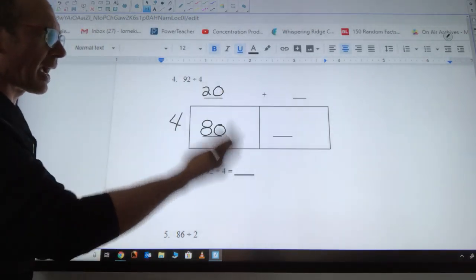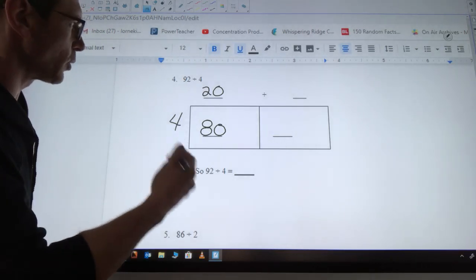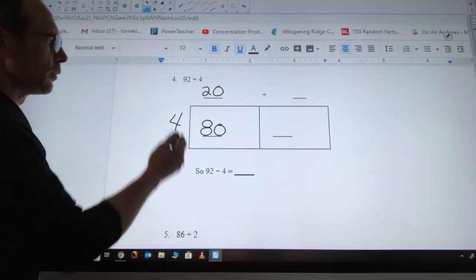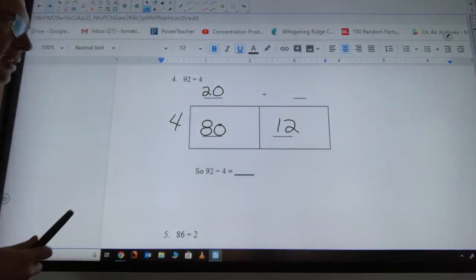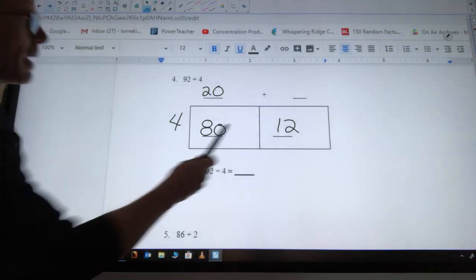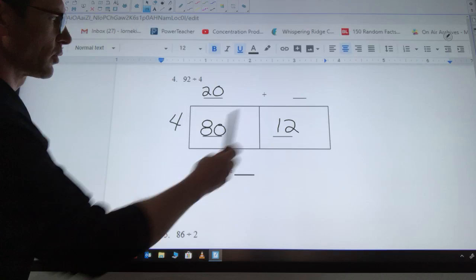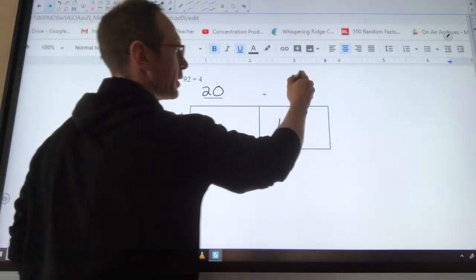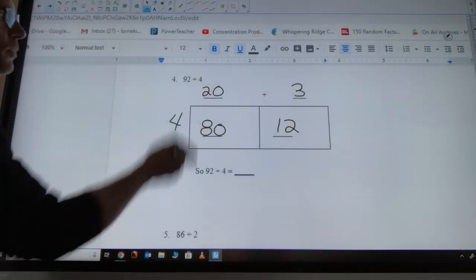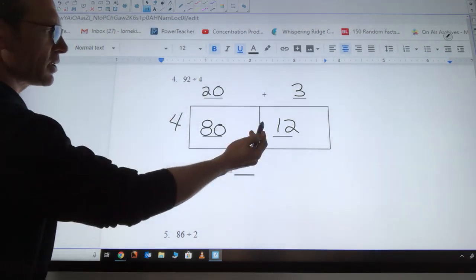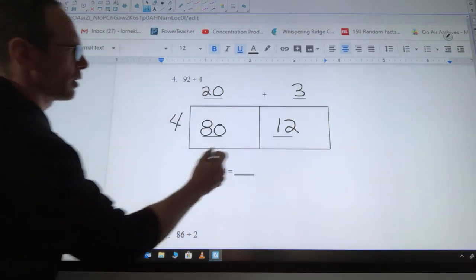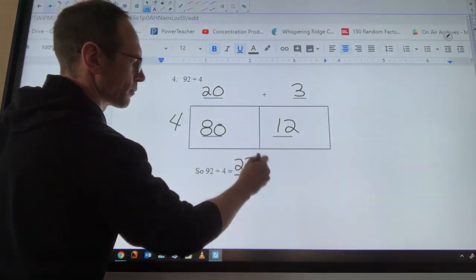How many more will I have to get to get to 92? Well, 80 plus 12 would be 92. And now my question is 12 divided by 4. 12 divided by 4 is 3. So 20 plus 3, 23 times 4 is 92. So 92 divided by 4 would be 23.